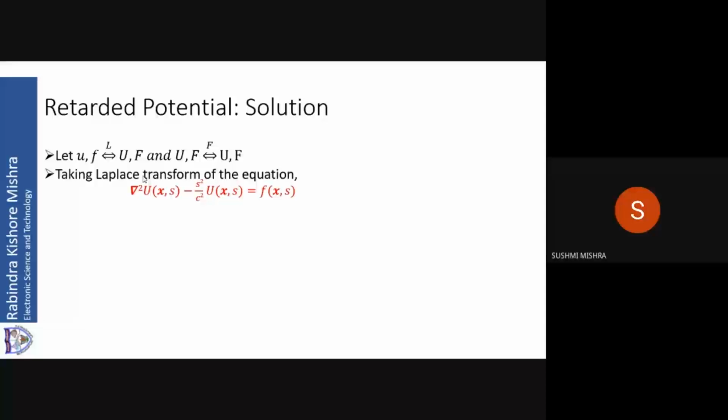A differential equation can be easily solved if we take its Laplace transformation or Fourier transformation. Here, for the time domain we took Laplace transformation, and for the spatial domain we took Fourier transformation. Using that, we simplified our wave equation.